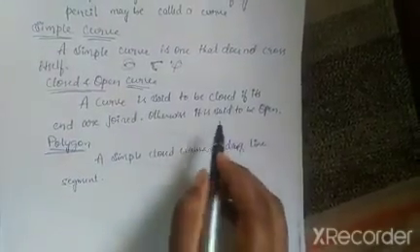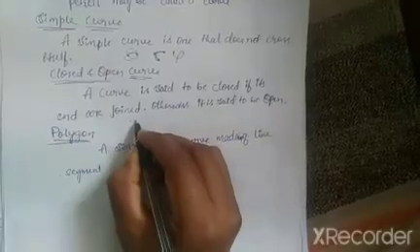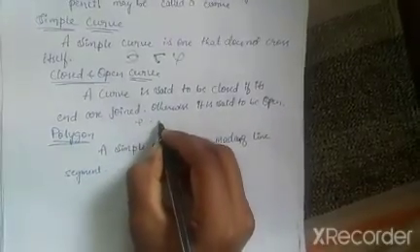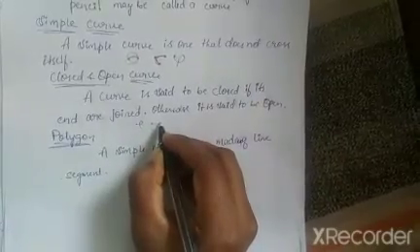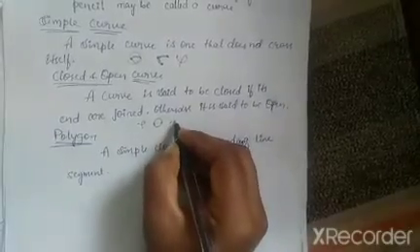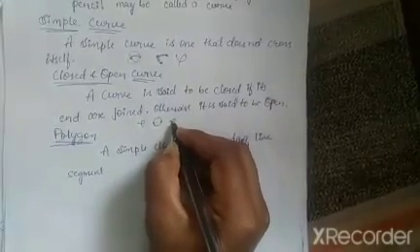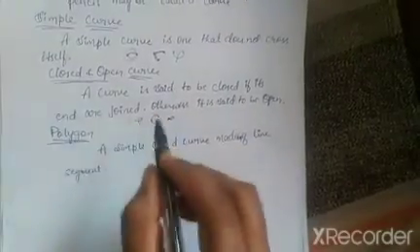Closed and open curves. A curve is said to be closed if its ends are joined. If suppose these two are points, their ends are joined like this, or like this. So that is called a closed curve.